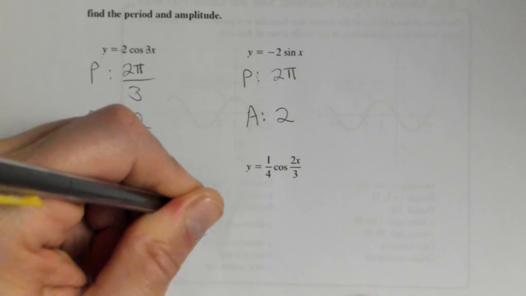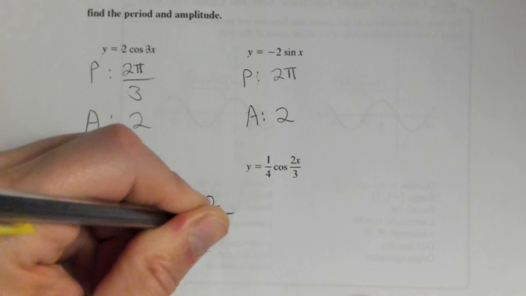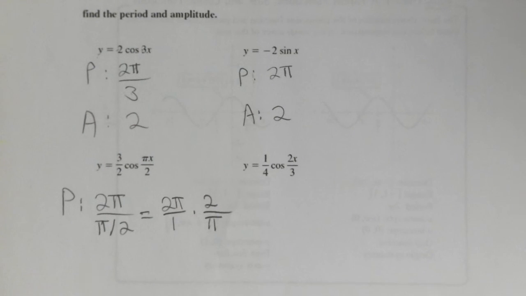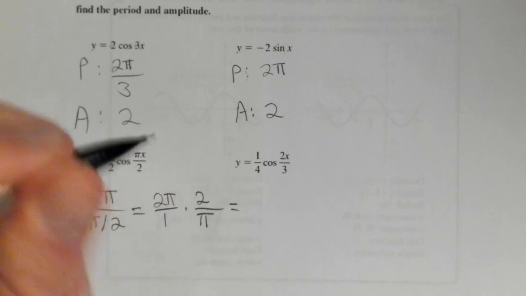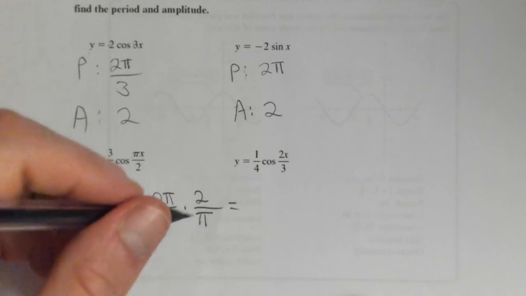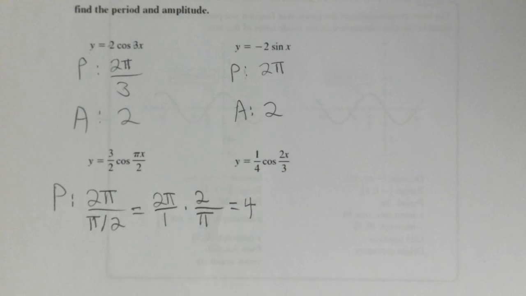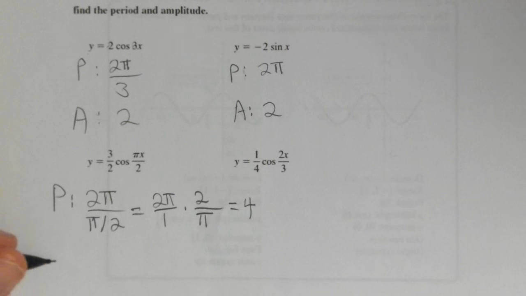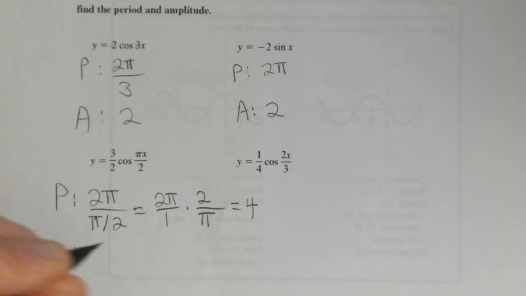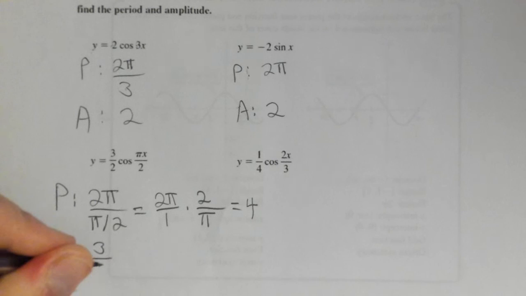So that would be 2 over pi. All right, so we got that. And in order to finish that out now, the pi's are going to cancel out. And so 2 times 2 will make 4. So 4 is what we've got there for an answer. Next one, the amplitude, of course, is 3 over 2.